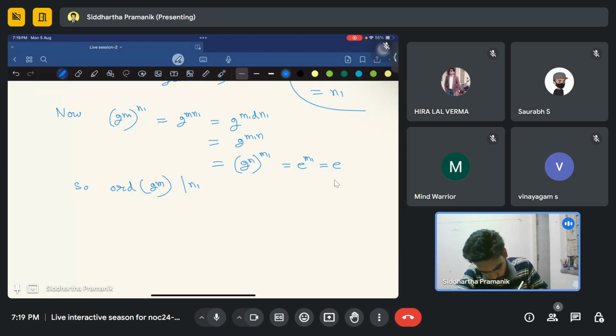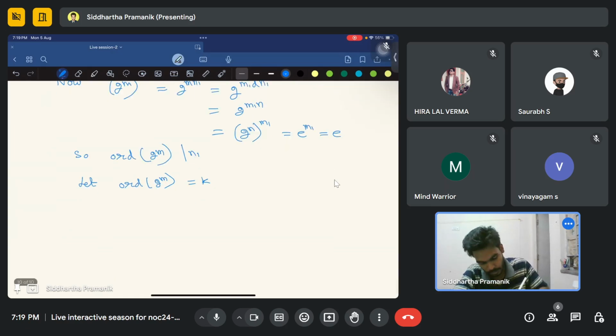So now assume order of G power m is equal to an integer k. So k divides n1. One more thing. Okay, so order of G power m is k.